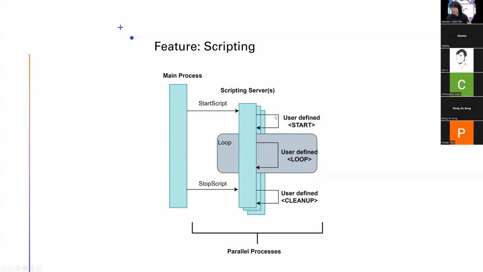Inside the scripting server, the user will be able to define their customized Python script with a user-defined start function, a user-defined loop function, and a user-defined cleanup function. And inside this user-defined loop function, the user will be able to access the most recent data being streamed from multiple data sources. And we will see an example shortly.